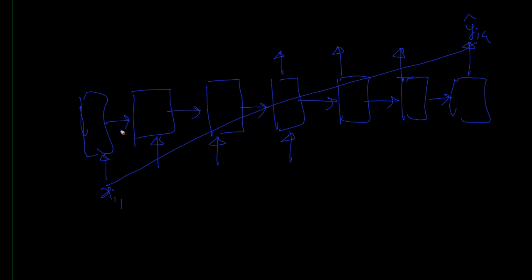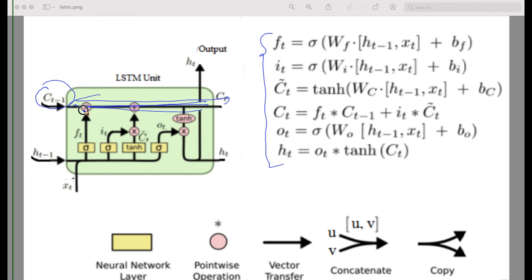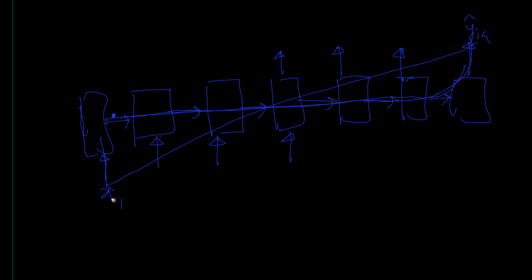But in LSTM, I'm able to transmit this cell state as it is to this, because I can short circuit all of that with this connection. So that's the huge advantage of LSTM. I'm able to transmit this input to this output, and this cell state is getting transmitted as it is to this.